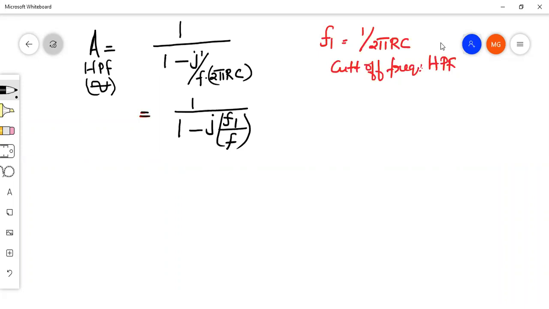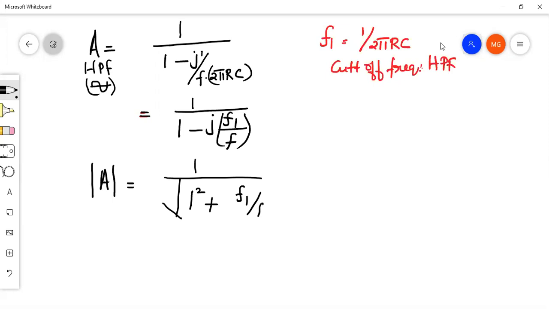I need to calculate the magnitude of the system. This is a complex number. I already told that this magnitude will be 1 divided by root of real part square, that is 1 square, plus imaginary part, that is f1 by f, the whole square.